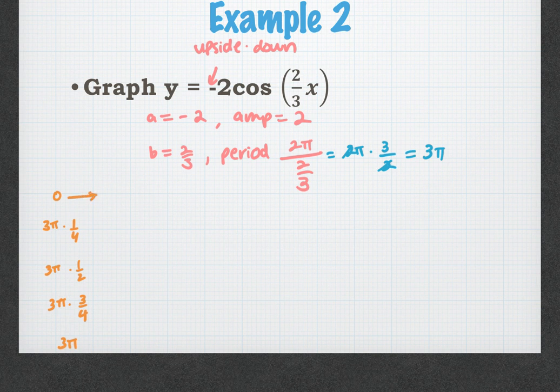So obviously 0 stays 0. 3 pi times 1/4 becomes 3 pi over 4. 3 pi times 1/2 becomes 3 pi over 2. 3 pi times 3/4 is 9 pi over 4. And the last one, 3 pi.